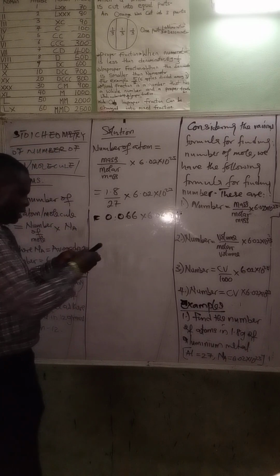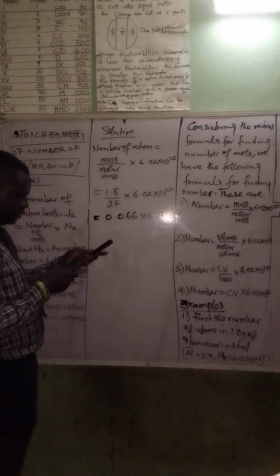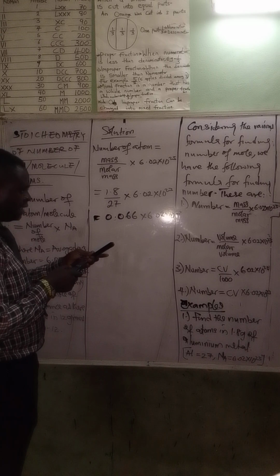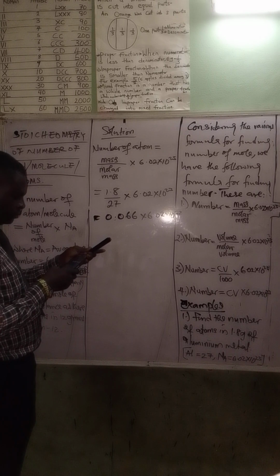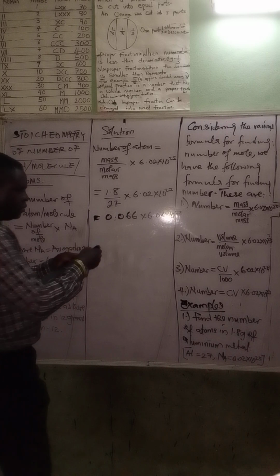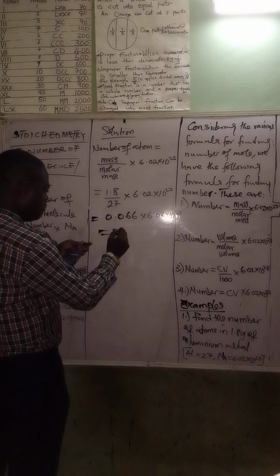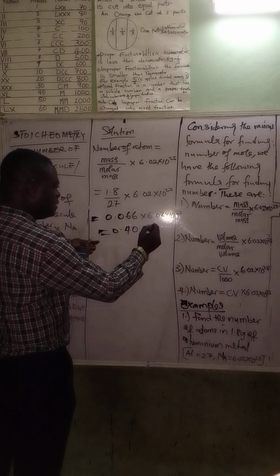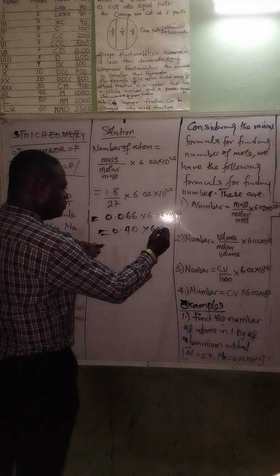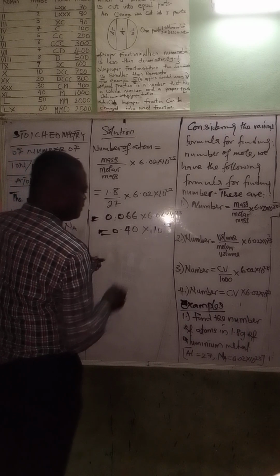We multiply 0.066 by 6.02, and we have 0.40 times 10 to the power 23.